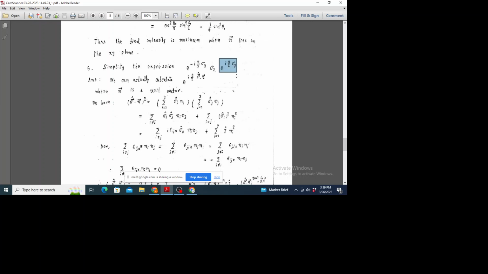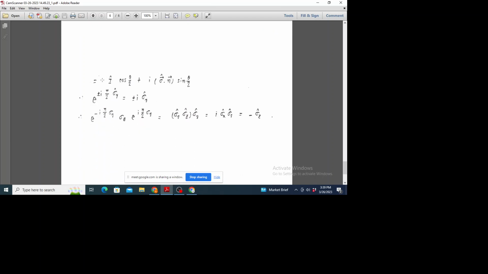Like we have to find the exponential of i pi by 2 sigma y. So let us look at how to find it from here. So e to the power plus minus i pi by 2 sigma y.